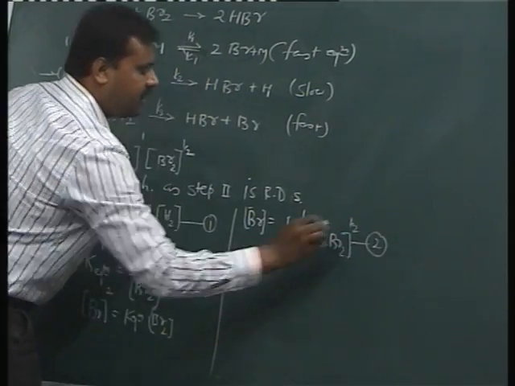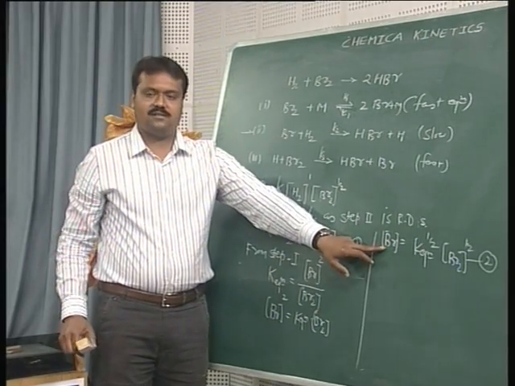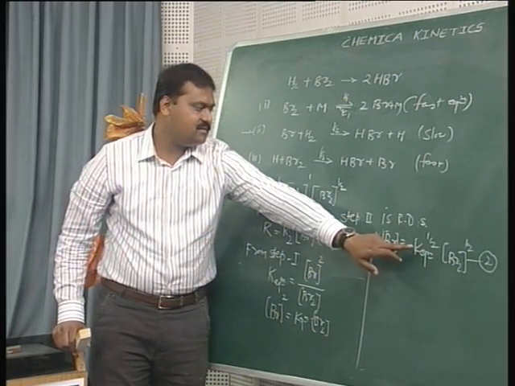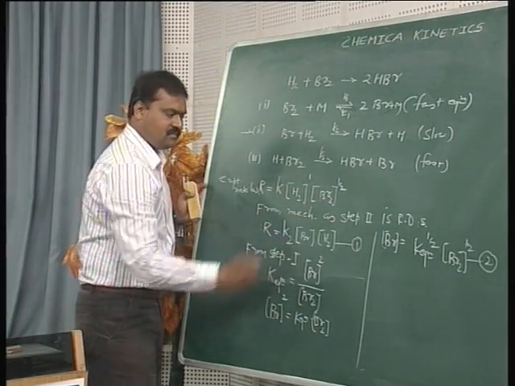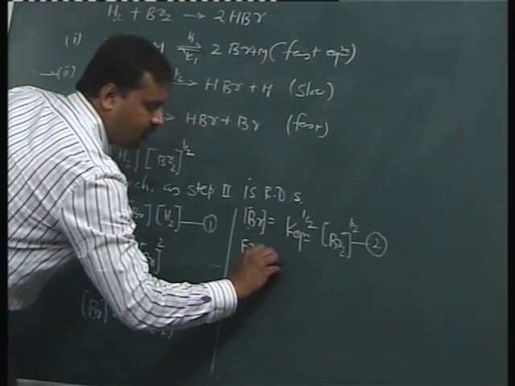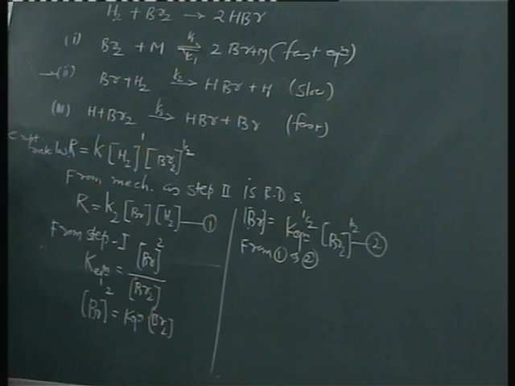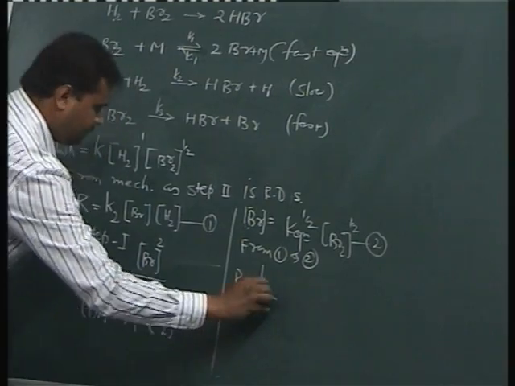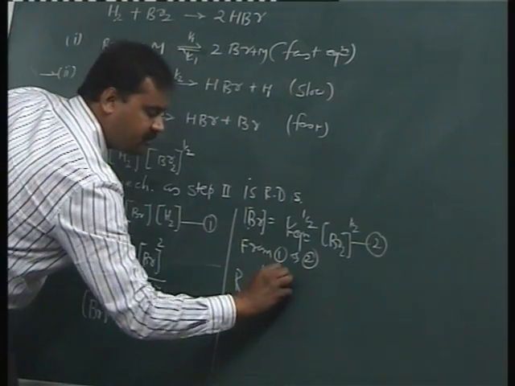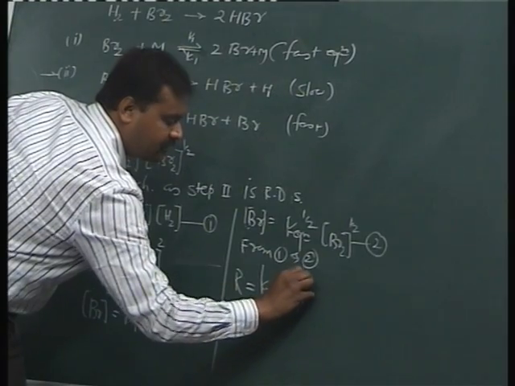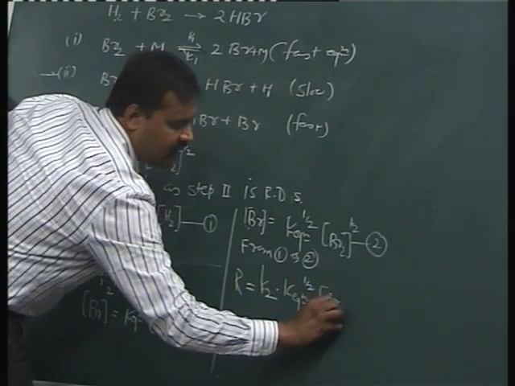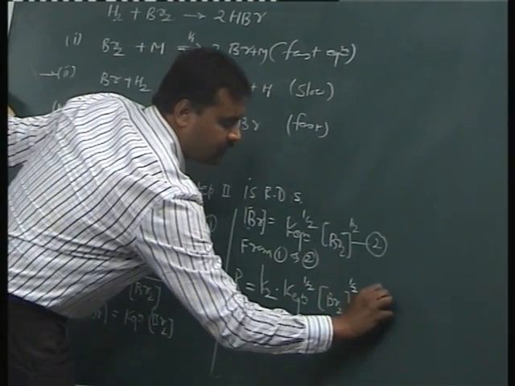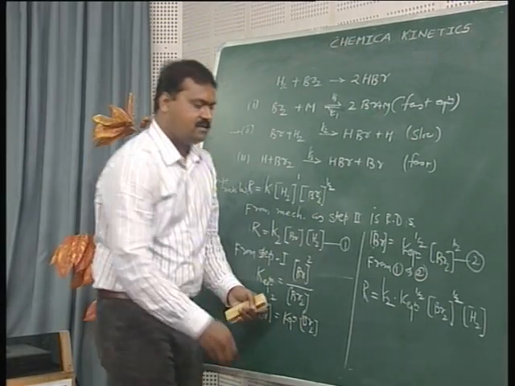Say this is 2. So equation 2 gives the concentration of Br. Now we can substitute the concentration of Br from equation 2 in equation 1. So from 1 and 2 we can say R is equal to K2 into Br. Br is this, that is K equilibrium raised to half into Br2 raised to half into H2. Now say this is equation 3.